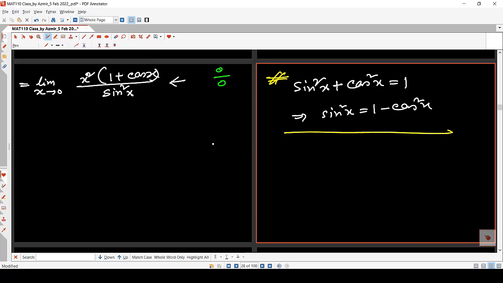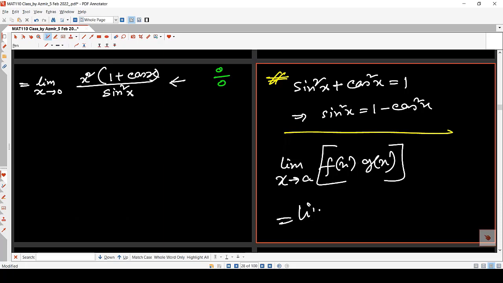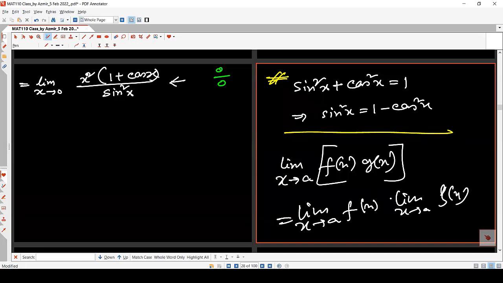So we have to simplify this one. We have to know how we can simplify. We are lucky that we have the product rule, that is, the limit as x tends to a of f of x times g of x. We have seen that the limit of a product is the product of the limits. We have seen this earlier, when we started the session.